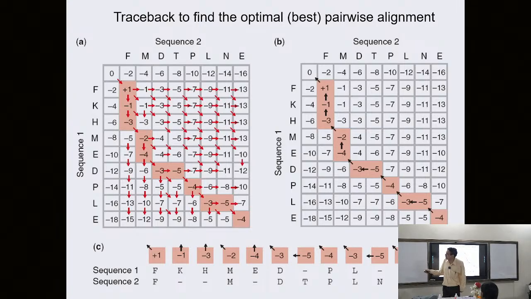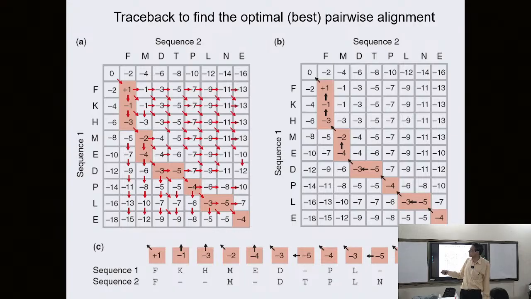Okay, how did you get -4? Okay, -3, sorry, yeah. So how did you get -3? Diagonal. So what is the alignment going to be? So D, D. So D aligned to D. So now I am here, -4 here.